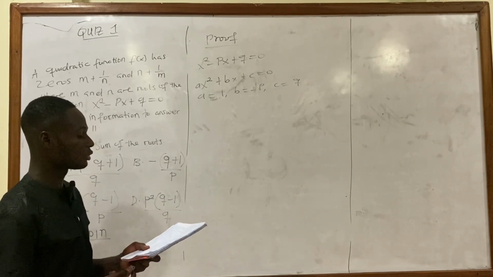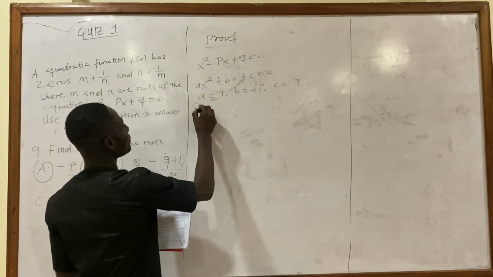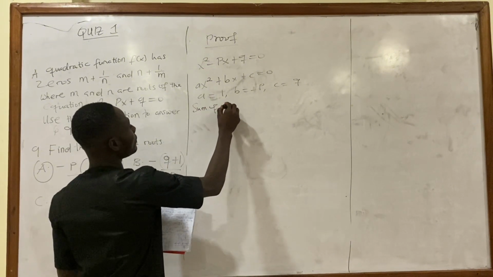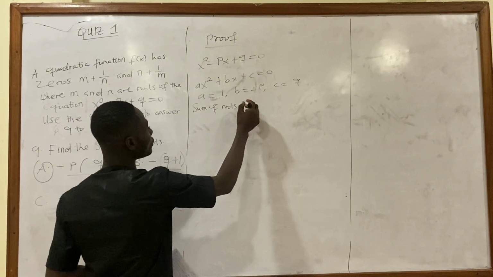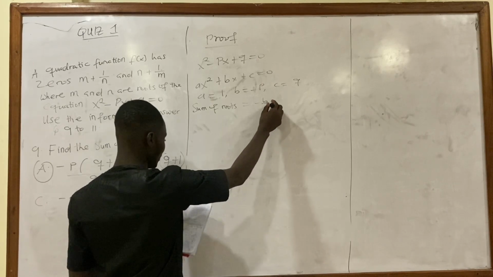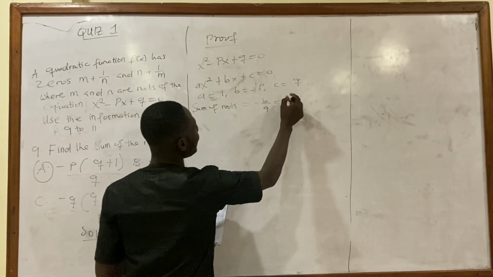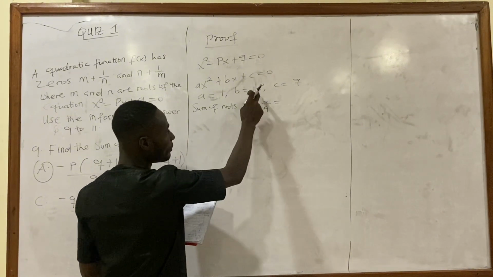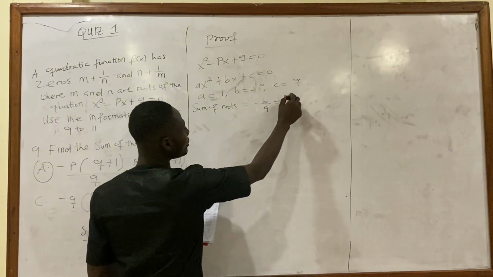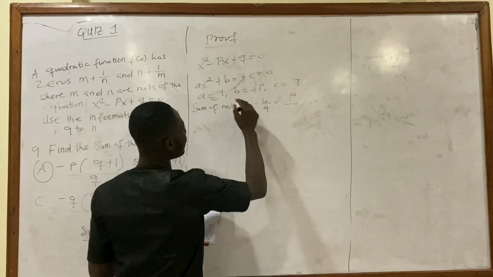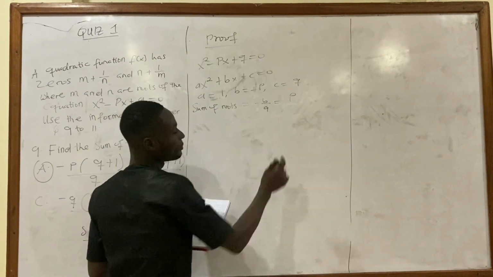Once we have found a, b, and c, we can now find the sum of roots. Sum of roots is equal to minus b over a, and b is already minus p, so it's going to be p over a, which is 1, and that will be p.